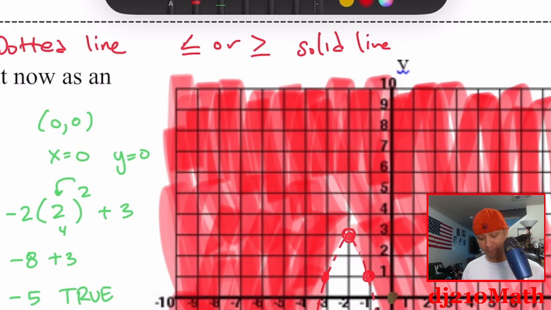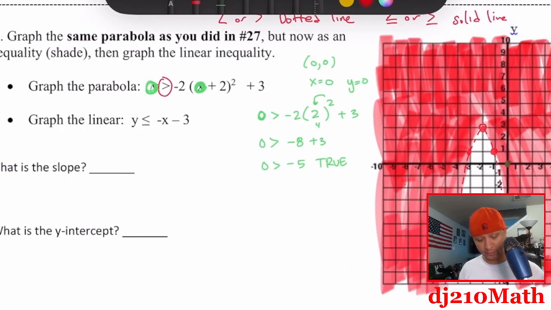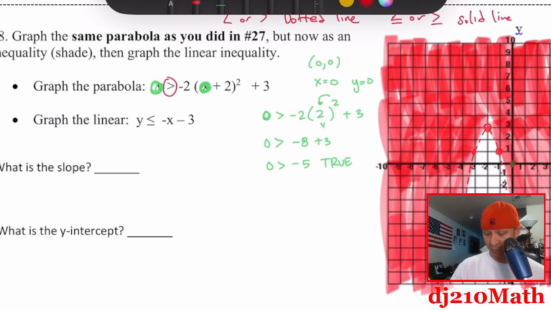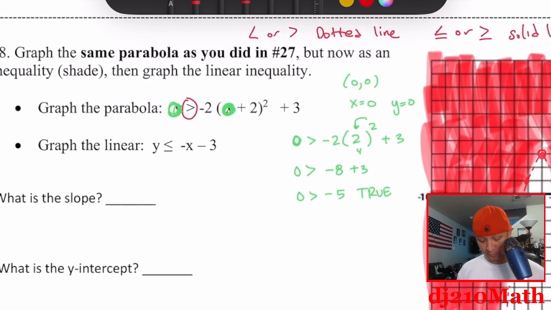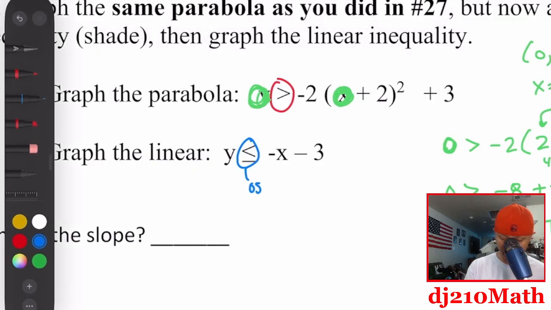All right, the next step is that we're going to graph the linear line. So I'm going to use a different color. So here we have y less than or equal. So right now this is a solid line. Here we had dotted.